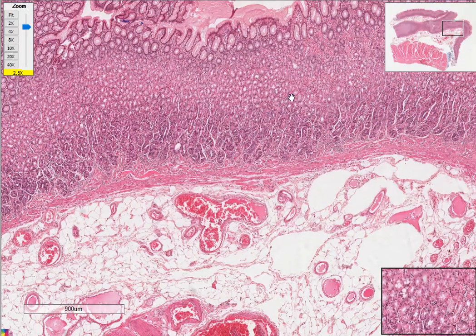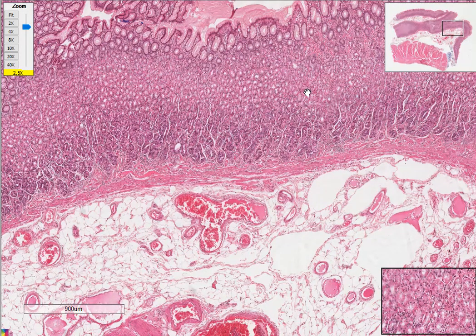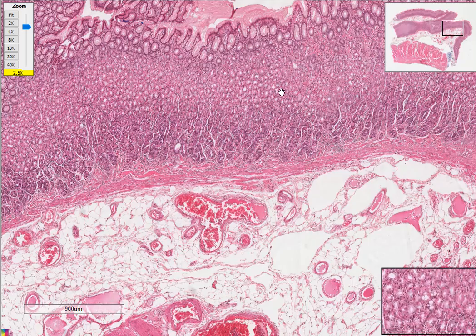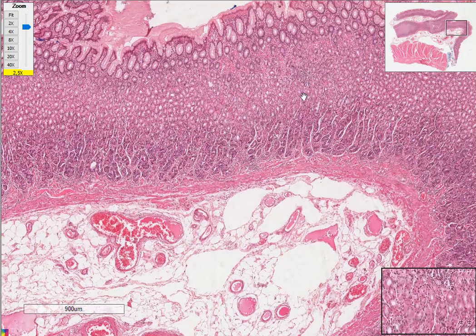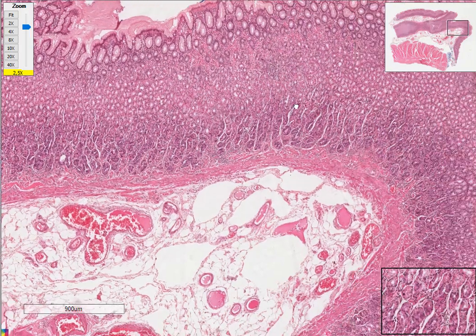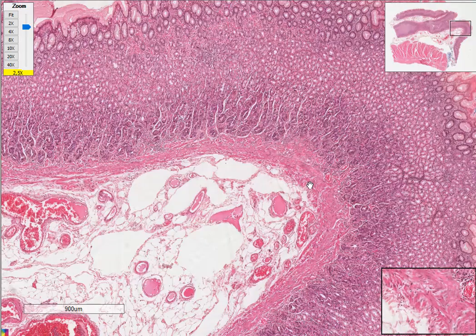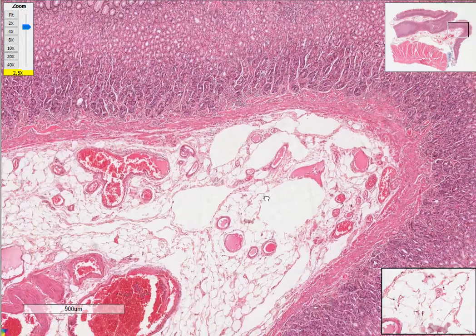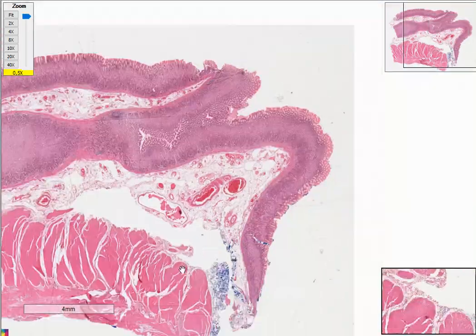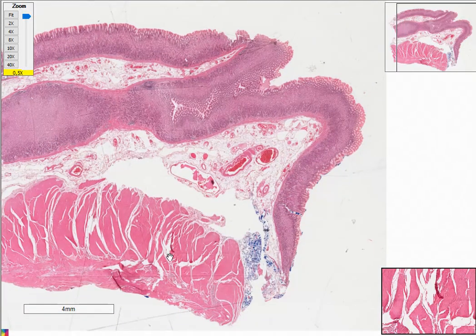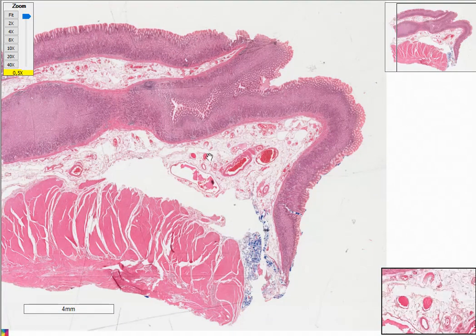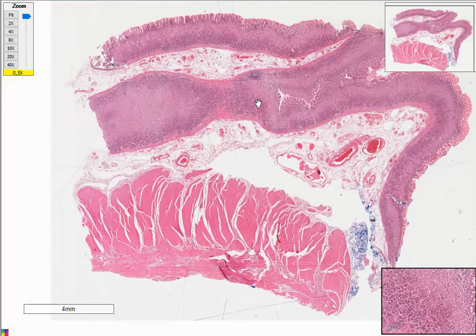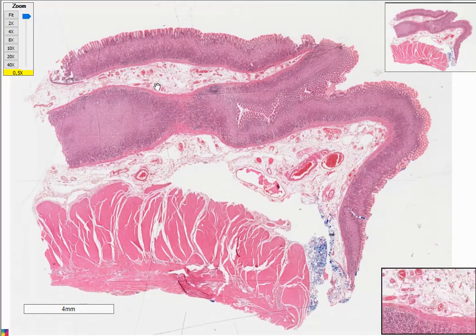How you identify: fried egg appearance with eosinophilic cytoplasm, chief cells, and enteroendocrine cells, and then your muscularis mucosa, and then submucosa, and muscularis externa. So that should be easy. This is one of the easiest organs that you can understand, the stomach.